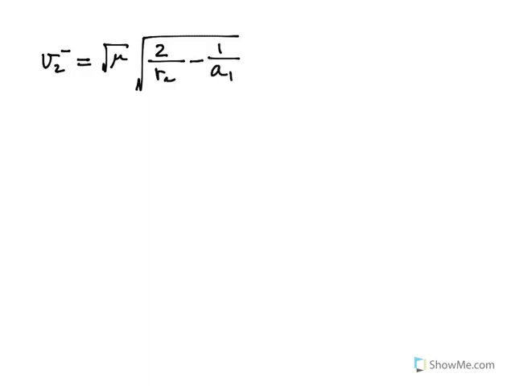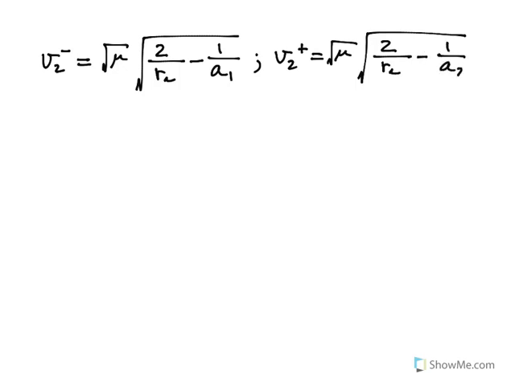V2 minus is actually equal to the square root of mu times the square root of 2 over Ri minus 1 over A1, because it's based on the first transfer orbit. V2 plus is equal to the square root of mu times the square root of 2 over Ri minus 1 over A2.